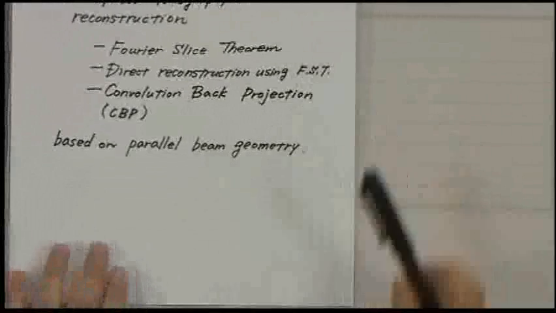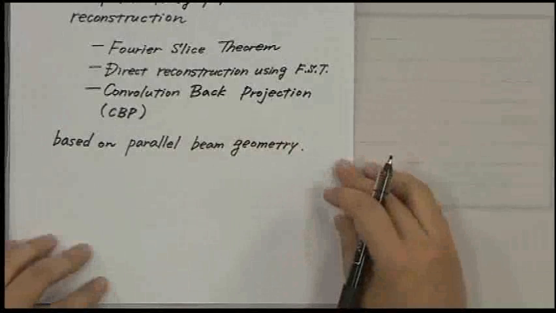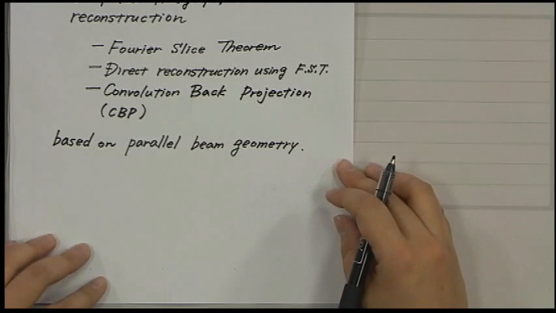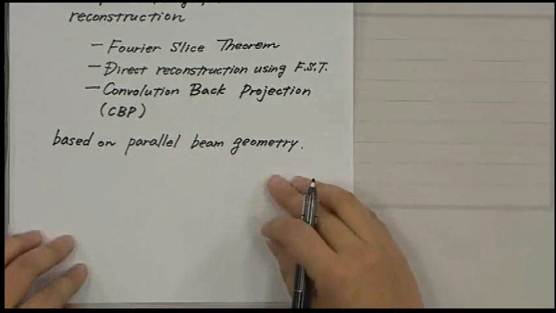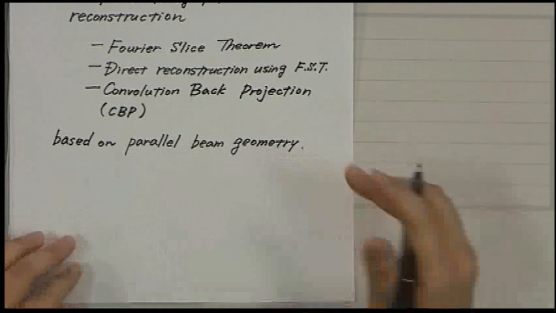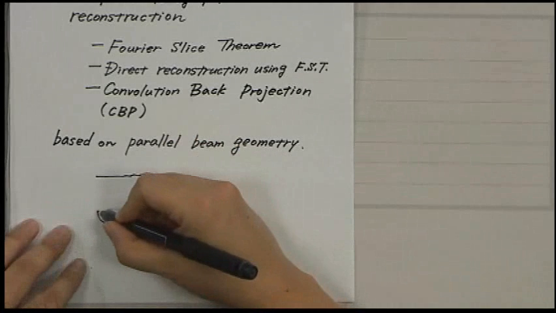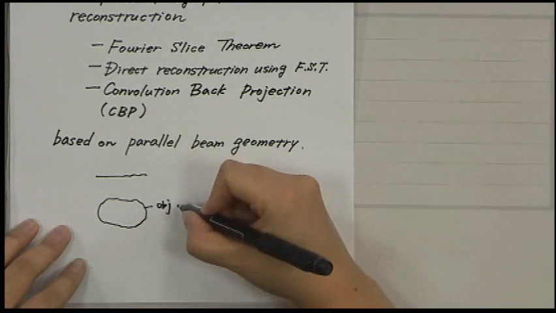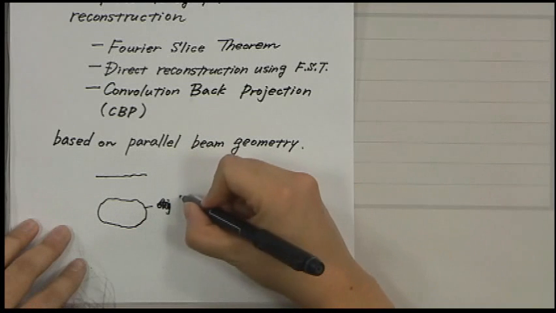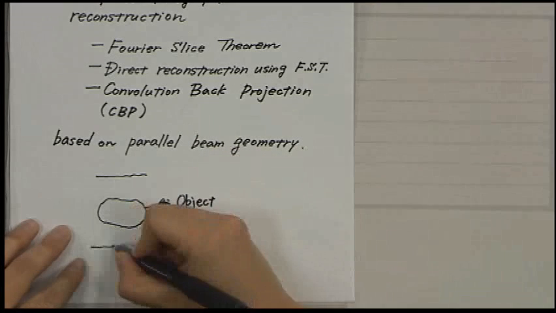I think Professor Bouman talked about fan beam geometry last week. But parallel beam geometry, this is the older generation CT. So there is some object, and this is a detector.